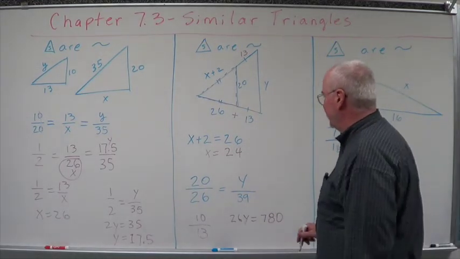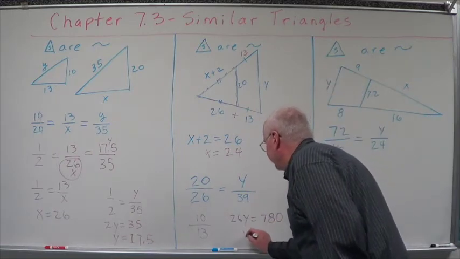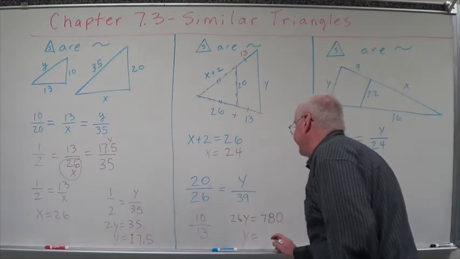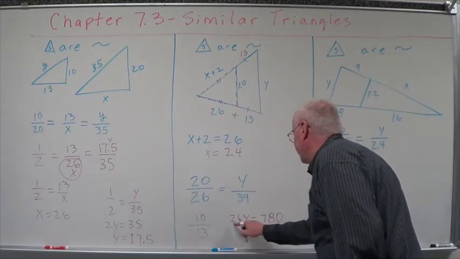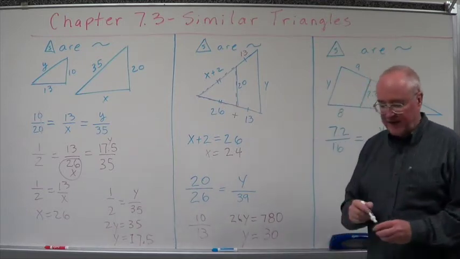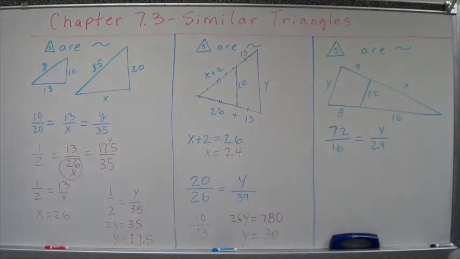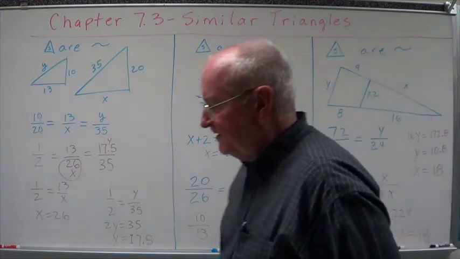And if we were to do that, let me see, 26, y equals 30. Do that in your calculator, and you should get 30. Okay? Let's look at this last one more time. Made some changes to it.